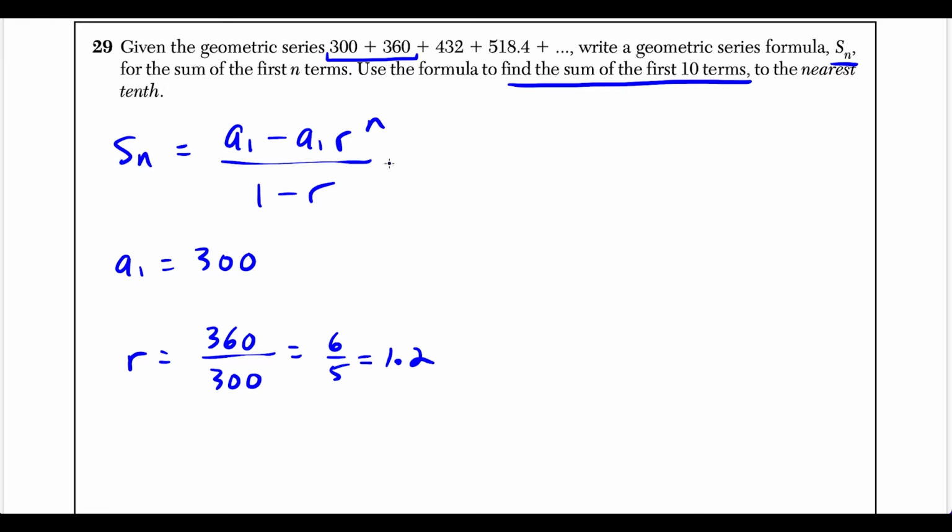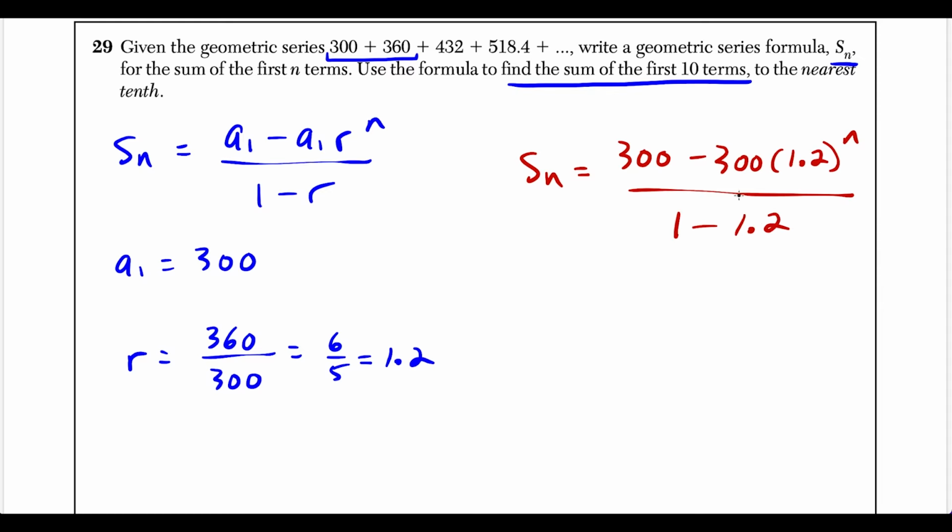So now what we could do is, first we could write our formula. We have S sub n equals, A1 is 300, so we have 300 minus, A sub 1 again is 300, times r, which we found here to be 1.2, so 1.2 to the n power, divided by 1 minus r, which is 1 minus 1.2 like this.